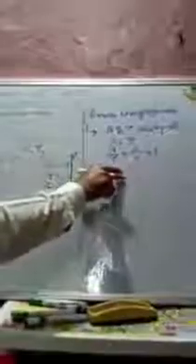Now, again the ratio G by C is equal to 1. For example, if the number of guanine is 2, and the number of cytosine is again 2, we can say it is 1. So Chargaff again says G is equal to C, that is, the number of guanine is equal to the number of cytosine.